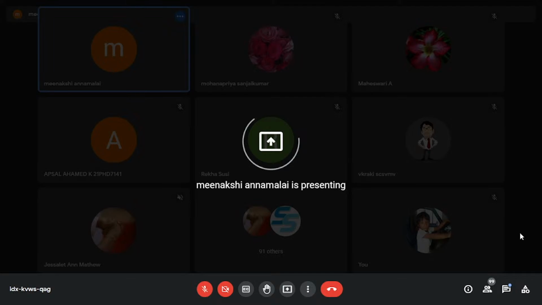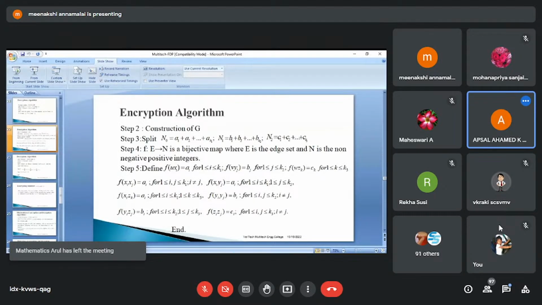Ma'am, you have said that the function is bijective. Yes, sir. But suppose I'm taking f of x1, x2, so that input will assign to the output a1. Yes. Similarly, x1, x2, where i is running over all, i is not equal to j.